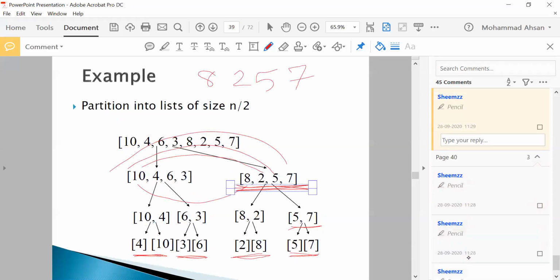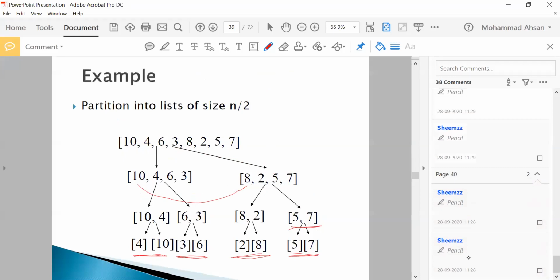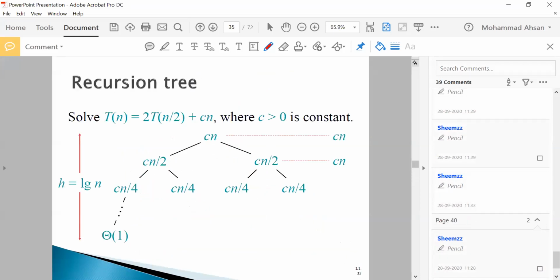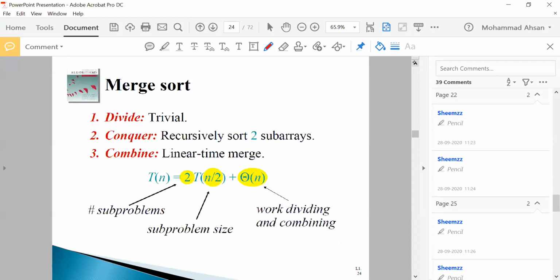So just go back here. For merge sort, you will divide the problem into 2 subproblems of size n by 2, and you will have to do some extra work for dividing and combining.